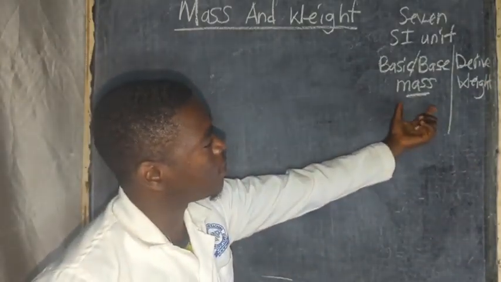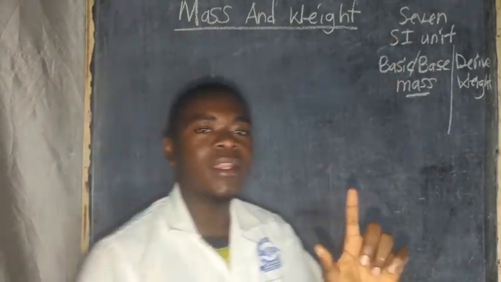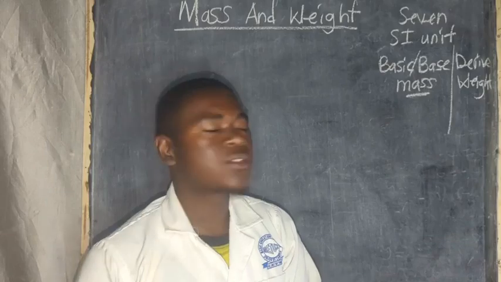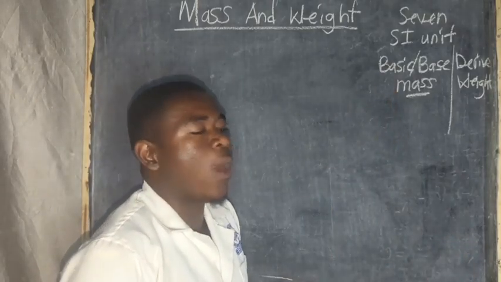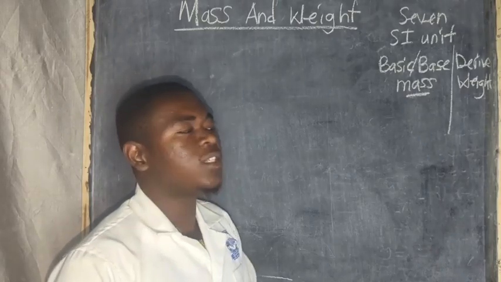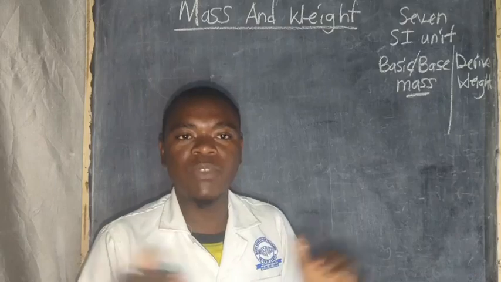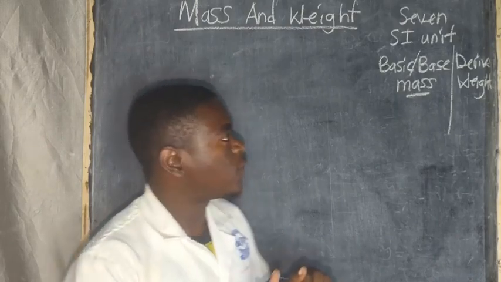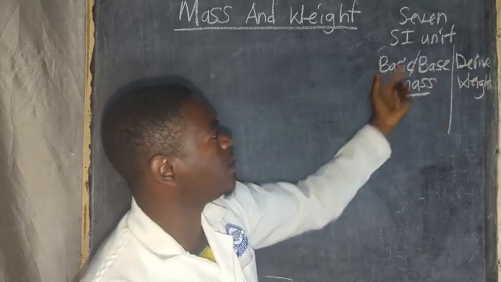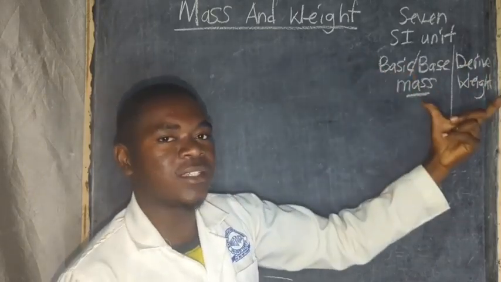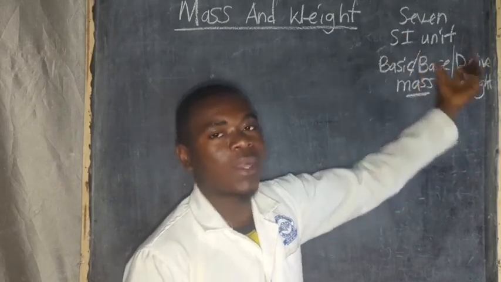Mass being a basic physical quantity means it only has one SI unit. All the basic quantities only have one SI unit. We don't need to combine a lot of units to come up with a base physical quantity. But the derived ones are formed by combining basic physical quantities, like weight. Weight is an example of a derived quantity.